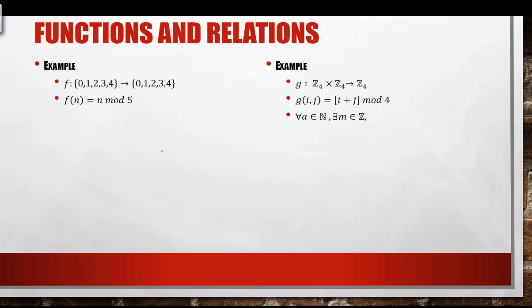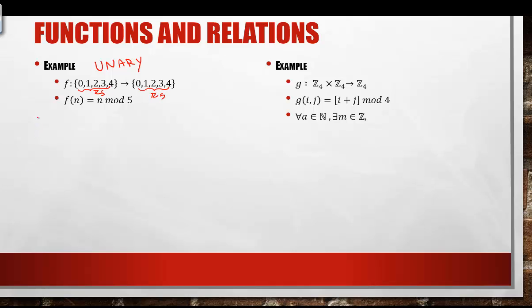I'll give you a couple of examples of a unary function and a binary function here. So this is an example of a unary function. It's from the domain 0, 1, 2, 3, 4 onto the range 0, 1, 2, 3, 4. So my input is z sub 5, and the output is z sub 5 here.